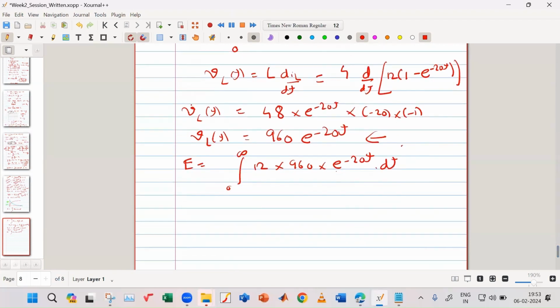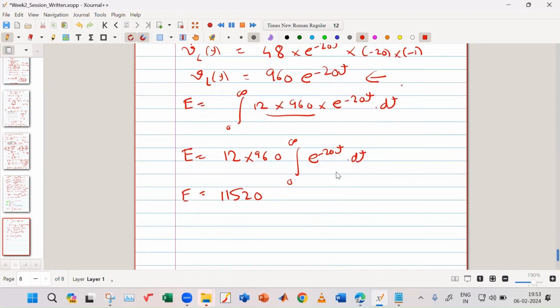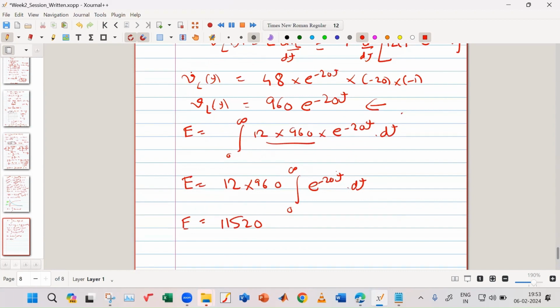When you do the integration, 12 into 960 are constants, so you remove them out. What is 12 into 960? That comes out to be 11520. What is the integration of 0 to infinity e raised to minus 20t?